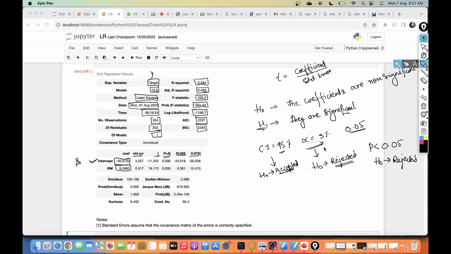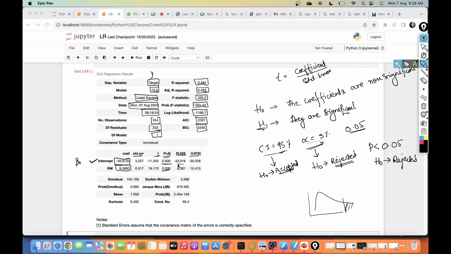And if it is greater than 0.05, it is falling into the confidence area, which means H naught will be accepted, meaning it is non-significant, right? So this tells whether it is significant or not significant.